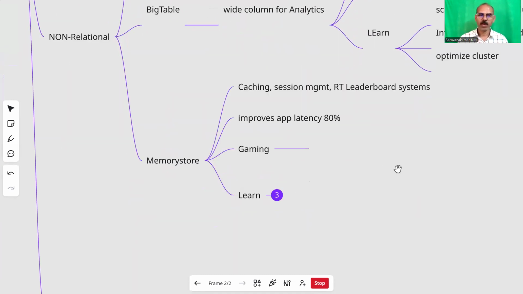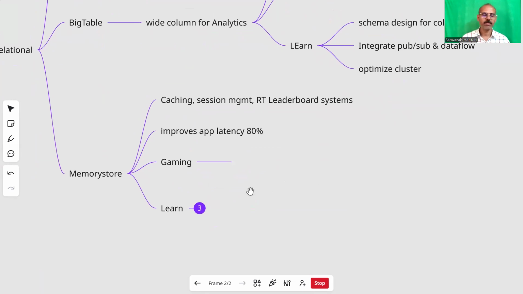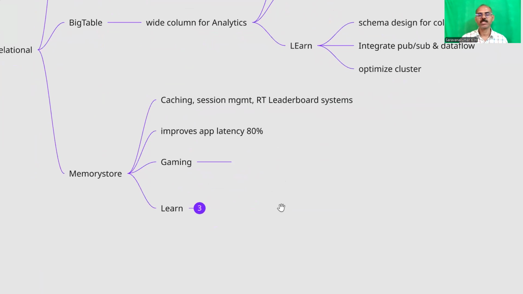The last one in non-relational is Memorystore. This is obviously helpful for caching, session management, and real-time leaderboard systems.